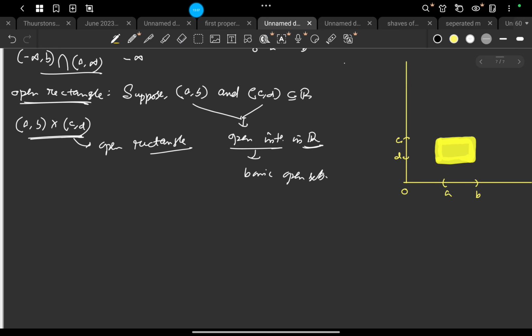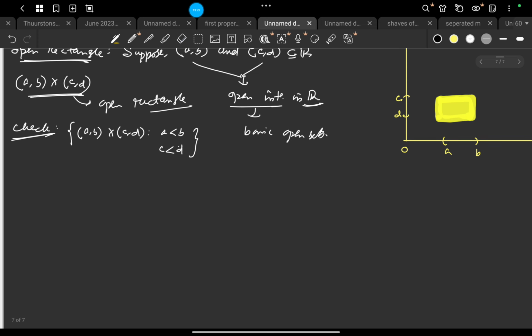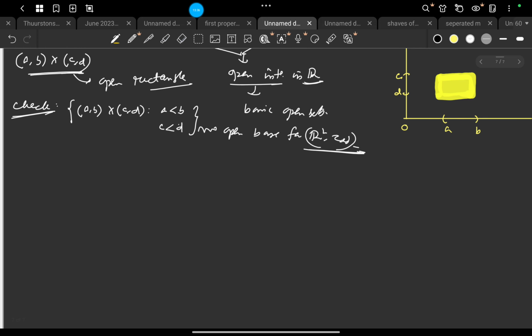So first I will check that the set of all open rectangles, that is (a, b) cross (c, d), such that a is less than b and c is less than d, is an open base for (R2, tau_u). So let us consider U, a subset of R2, is open.